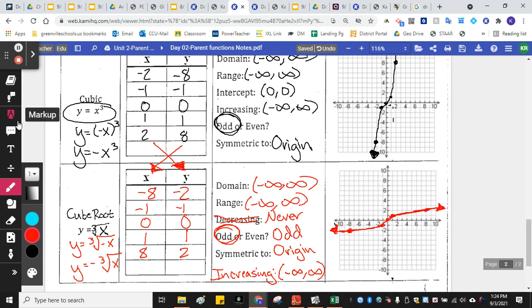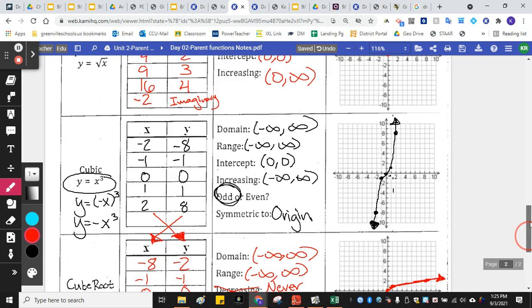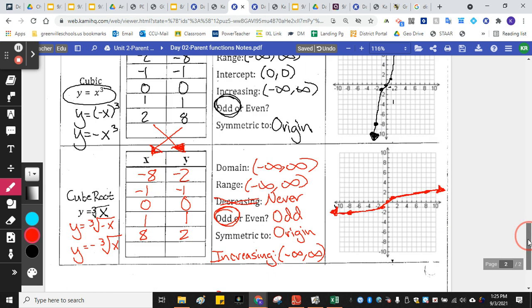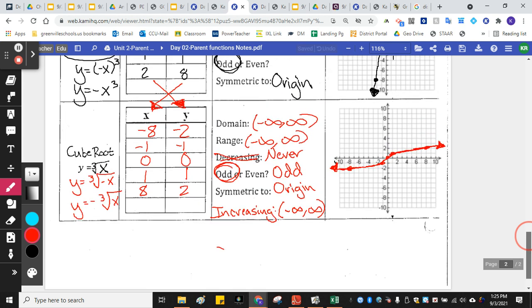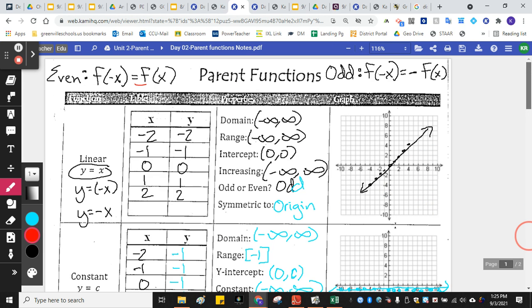Another way to help you with odd and even, if it's odd, it's symmetric to the origin. If it's even, it's symmetric to the y-axis. Never symmetric to x, because then it wouldn't be a function. So if it's even, it's symmetric to the origin.